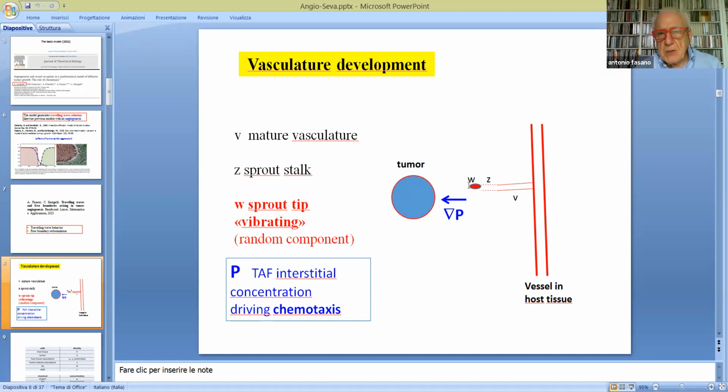And this is a multi-stage process in which only eventually we have the mature blood vessel.